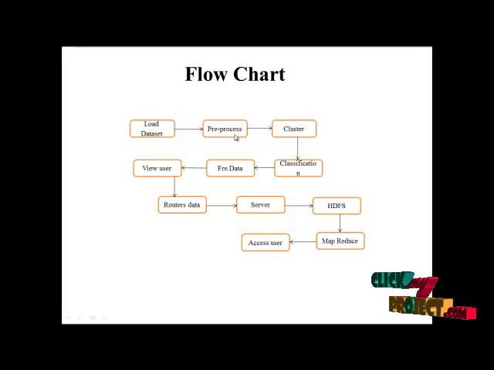After pre-processing is completed, the data is going to be clustered. For the separation, it's called clustering. After the data is clustered, it goes for classification. Classification means here we use different machine learning algorithms to classify our data.